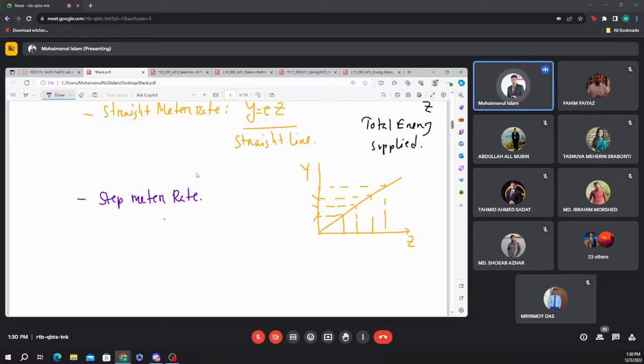You need separate straight lines for different types of load, and the step meter rate provides that. It is a similar concept, Y equal to Ez, but we take Y1 equal to E1 Z1, Y2 equal to E2 Z2, maybe like that. Their slopes are different. That is the main thing.